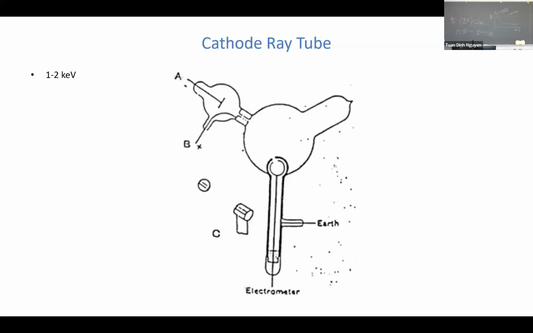But anyway, J.J. Thomson was the person who either invented it or perfected it, and he put kilovolts on the electrode. So in terms of being an accelerator, this would be a 2 kilo electron volt beam.